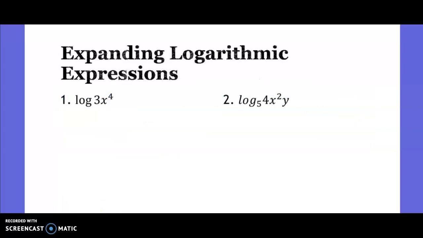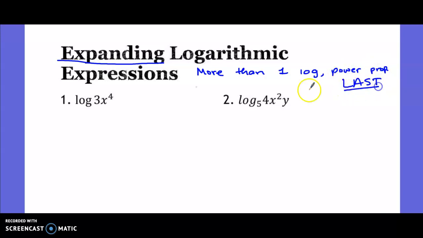First we'll look at expanding logarithmic expressions. Expanding means we want more than one log. And whenever you're expanding, you want to do the power property last. Power property last when expanding.